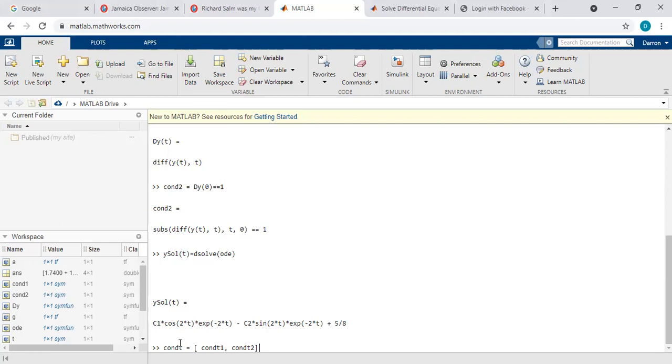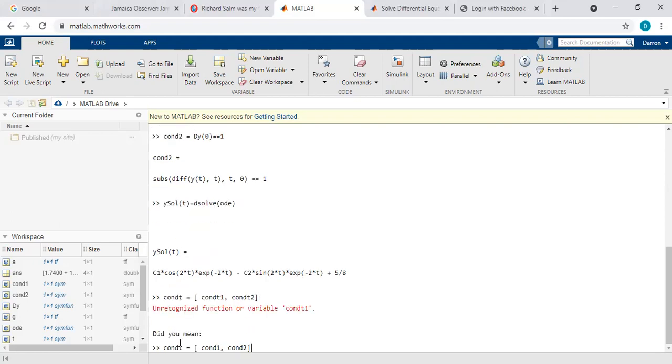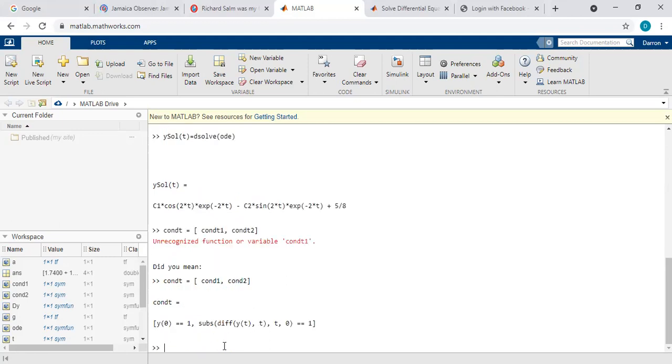All right, so condition 1, condition 2, COND, what did I call it? COND. Yes. Okay. So I put the two conditions, and then now I'm going to solve.